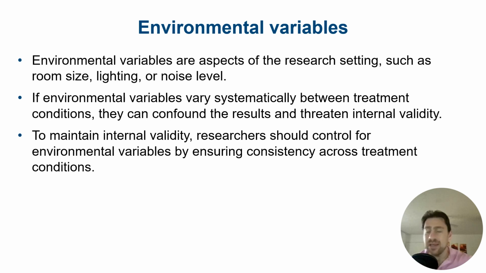Imagine that the 3 music conditions are run in 3 different classrooms. And maybe those rooms differ in terms of their lighting or temperature or noise or smell or any number of other features. And so this, of course, creates a serious potential confound.